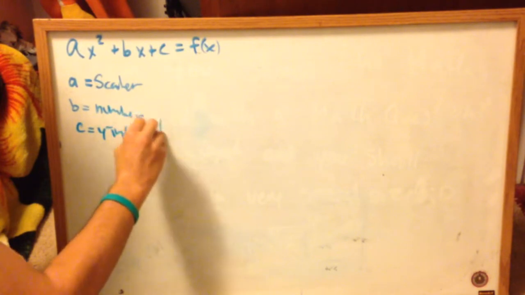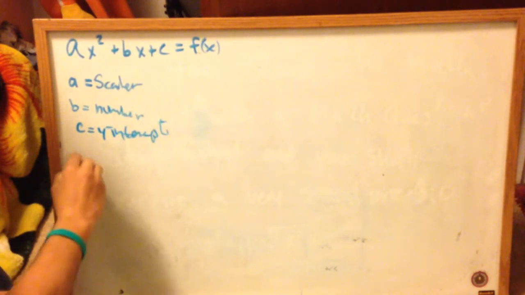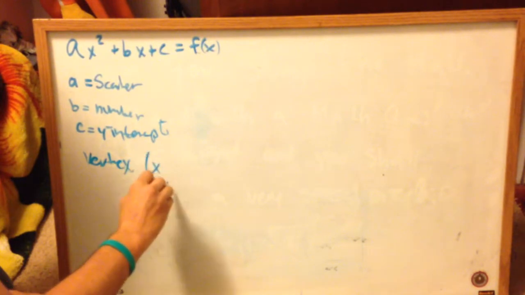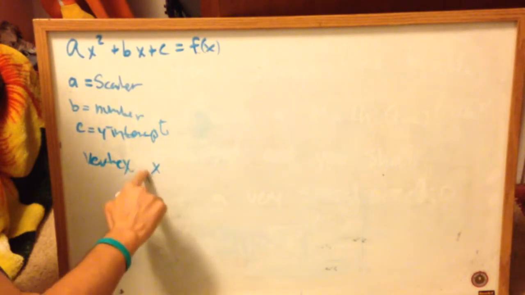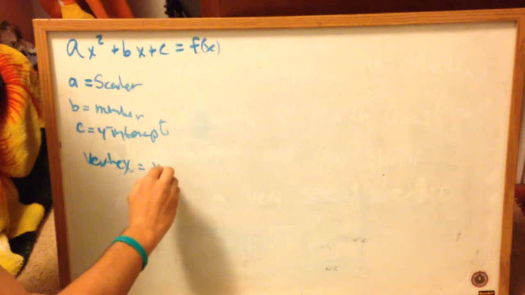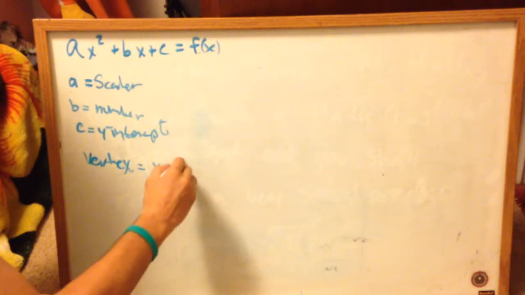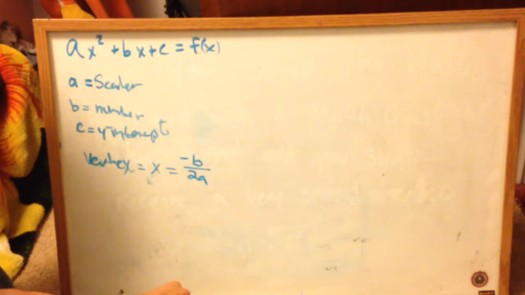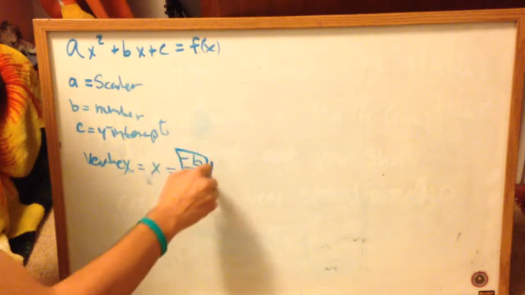Okay, well, it just so happens that the x-coordinate for the vertex is actually minus b over 2a. Wowzers! Whatever this equals, right?